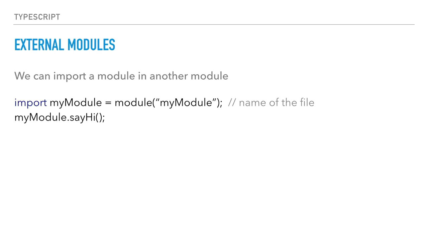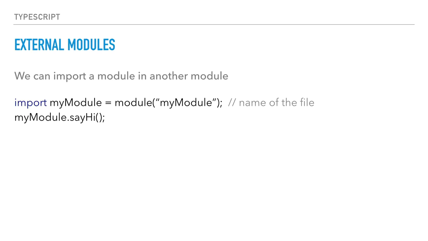Also, if you are working with different files and different modules, you need a way to import and export modules that are defined in other places. So, for example, in this case, we import my module, then use the keyword from TypeScript module, and then you are specifying that you want to import my module with the name my module.